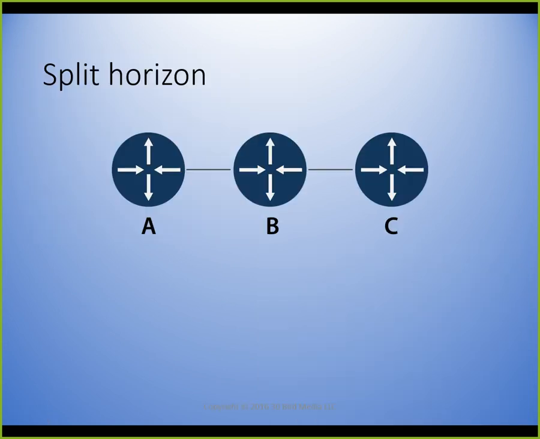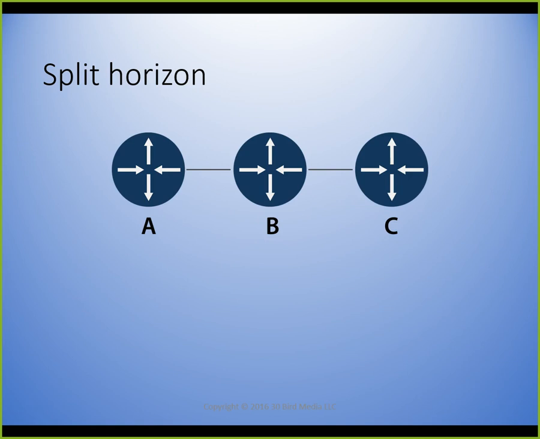We have a couple more routing concepts and routing configurations to talk about. The first here is split horizon. What split horizon says is that a router won't send a route back out the interface that it got it from.